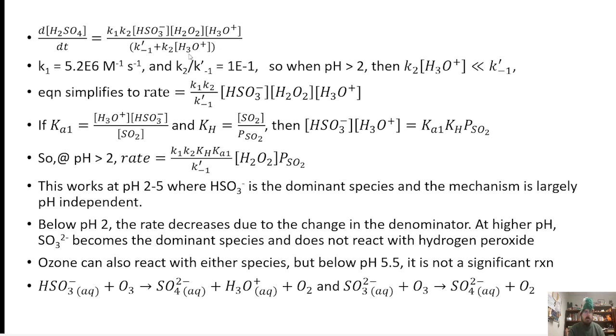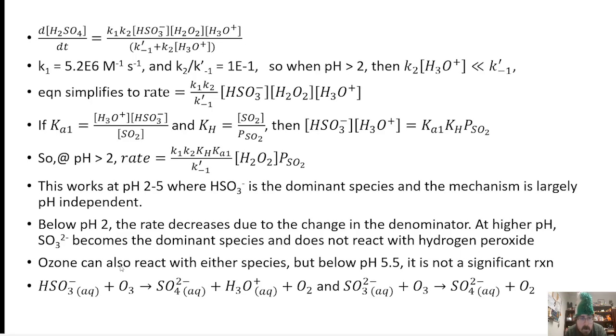If hydronium is greater, these things can actually cancel out and things get a little complicated. So it becomes just hydrogen sulfite and peroxide.